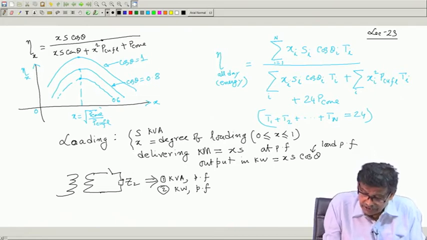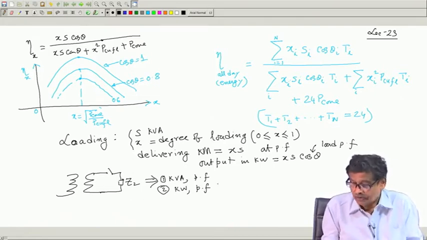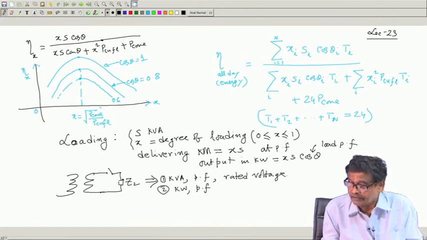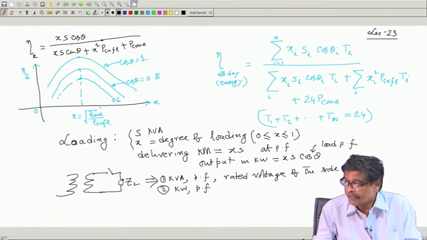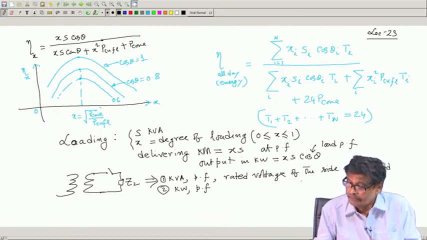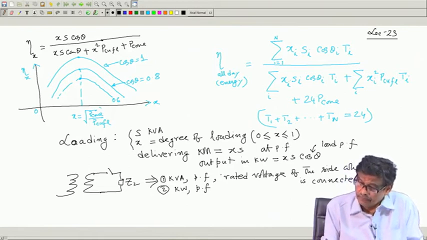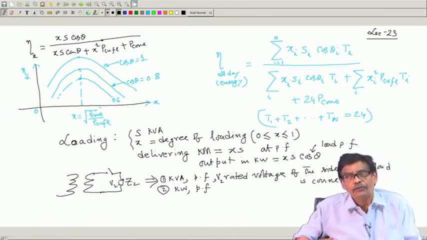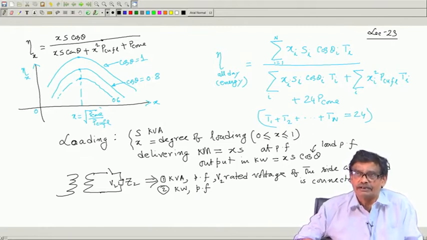and the voltage is this voltage. The voltage is of course the rated voltage of that side where the load is connected, say V2. Therefore, from kVA, power factor and V2, I will be able to calculate the effective Z2.